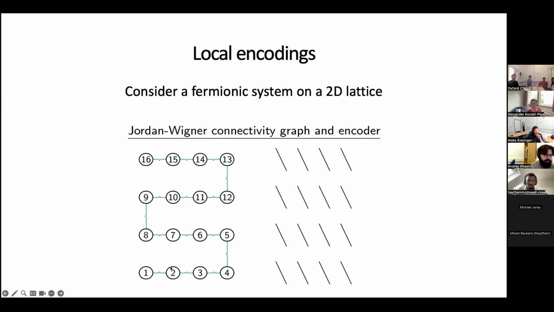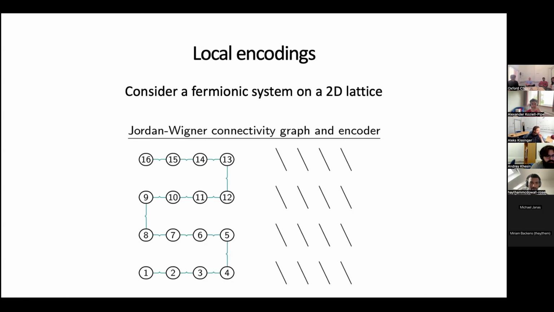So 2 is adjacent to 7 in the square, but it's not adjacent to 6. We're taking what some people call the Manhattan distance of 1 away from each fermion. Those are the ones that it interacts with.